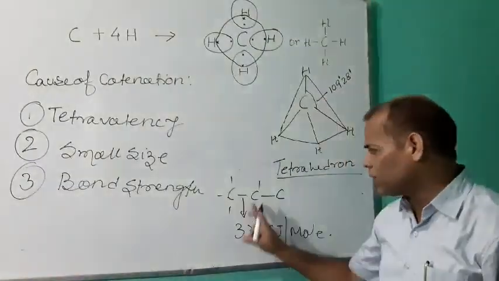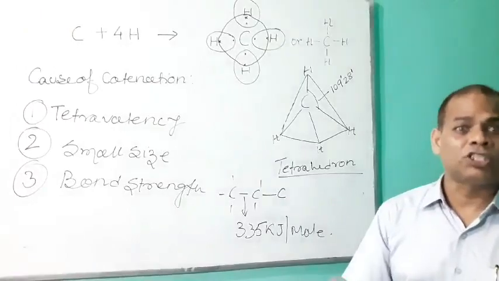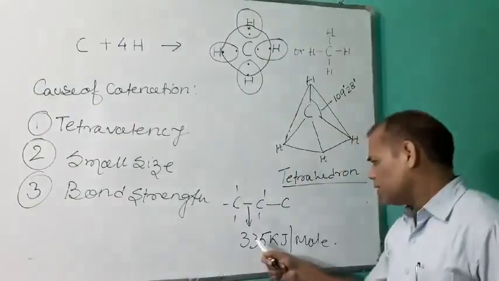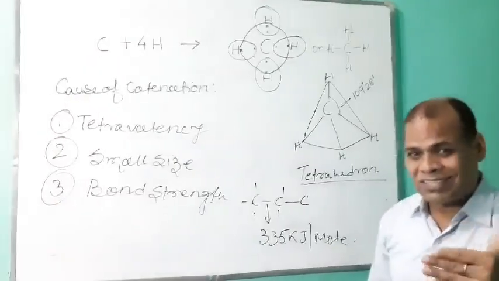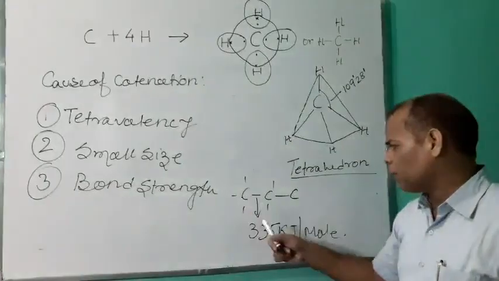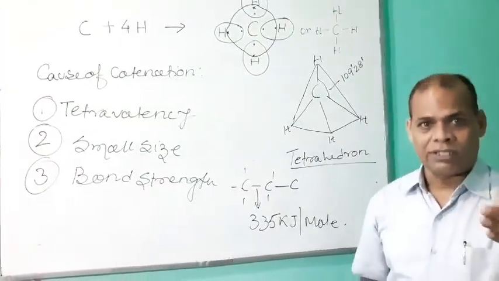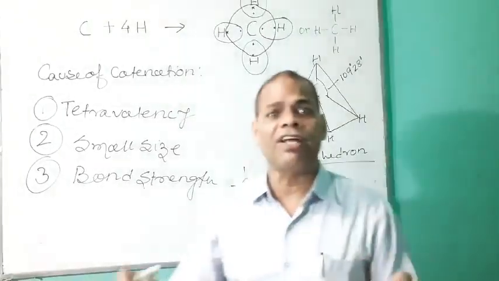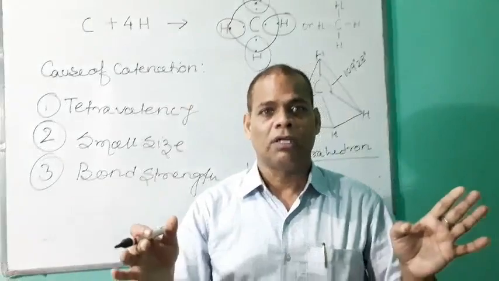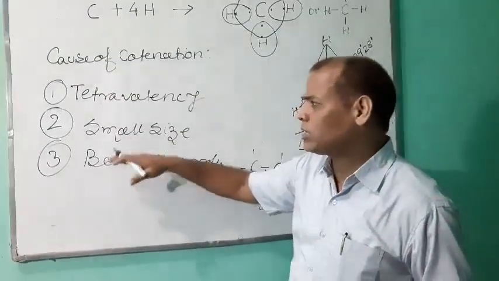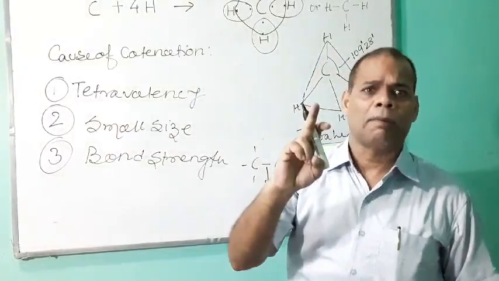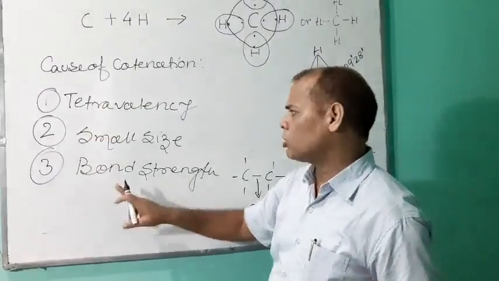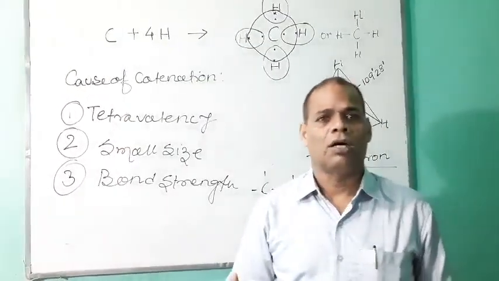So not only should the bond form, it should be stable and should not easily break. That is called bond strength. The carbon-carbon bond strength is very, very strong. That's why once carbon forms a compound, it is very, very stable. So these three reasons, tetravalency, small size and bond strength, are responsible for the maximum power of catenation.